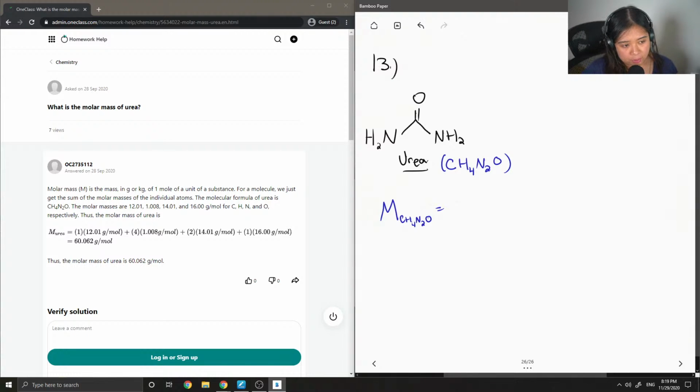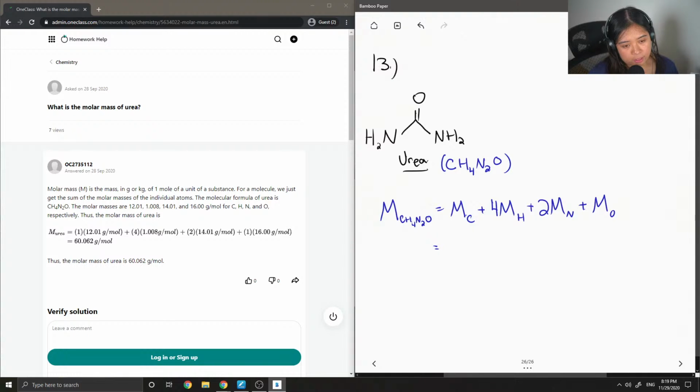So for example, the molar mass of urea is going to be equal to the molar mass of carbon plus 4 times the molar mass of hydrogen, since there are 4 hydrogen atoms in urea. Similarly, we're going to multiply 2 times the molar mass of nitrogen, and then just add the molar mass of oxygen.